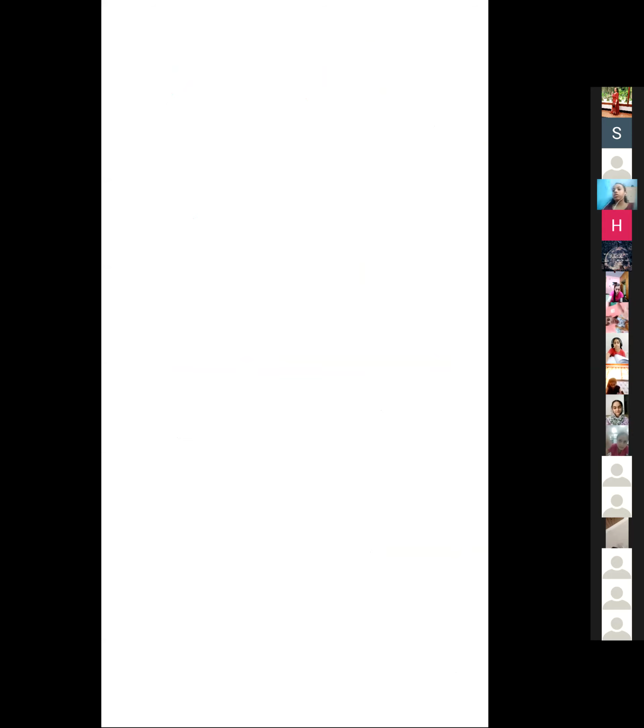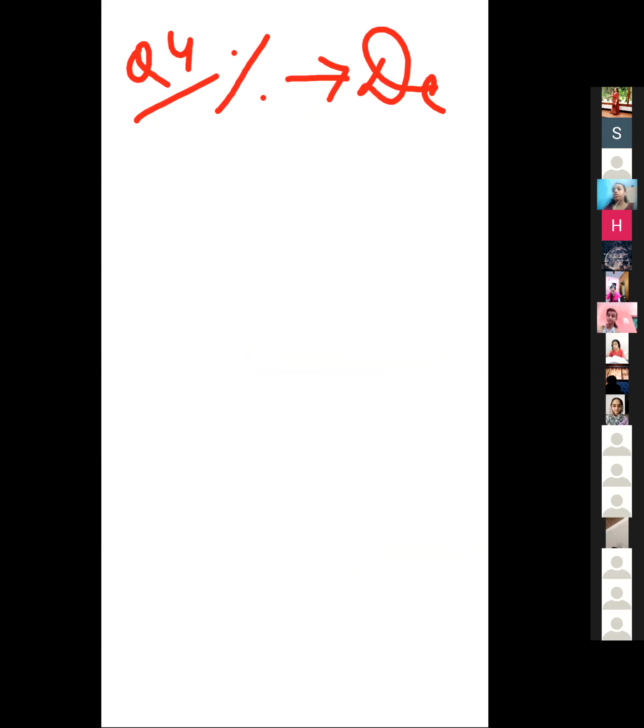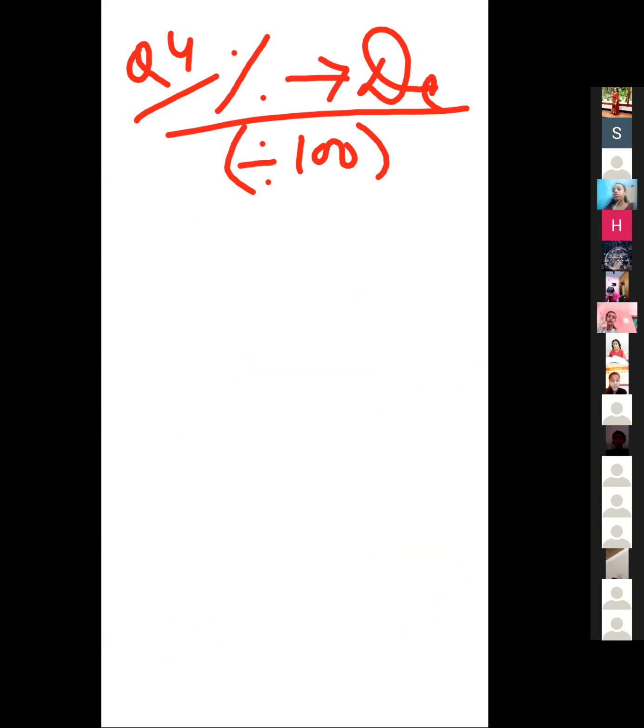Question number 4. Convert each of the following percentage into decimal. Now from here it starts in reverse. Percentage convert into decimal. What was the formula in this? We have to divide by 100. Now the first question is 28%.